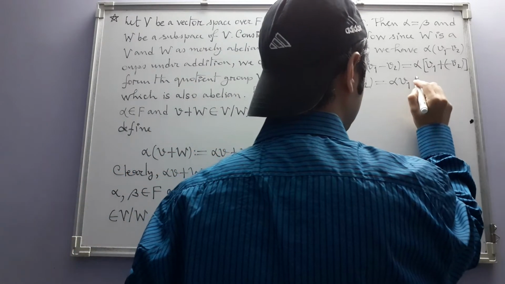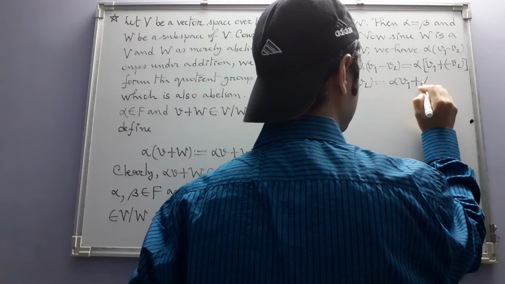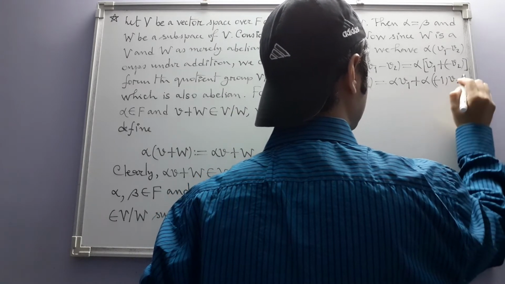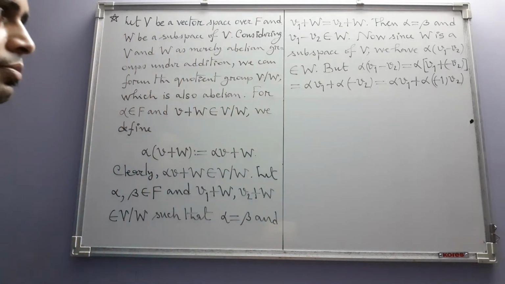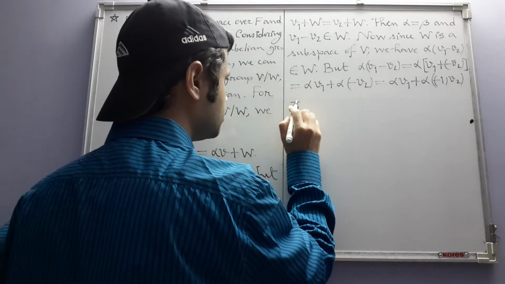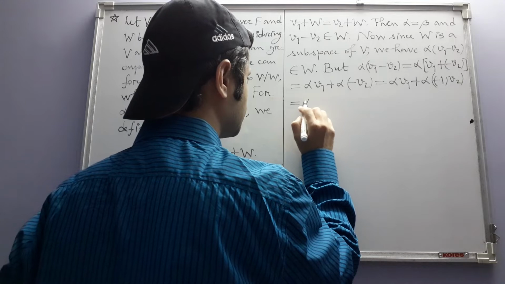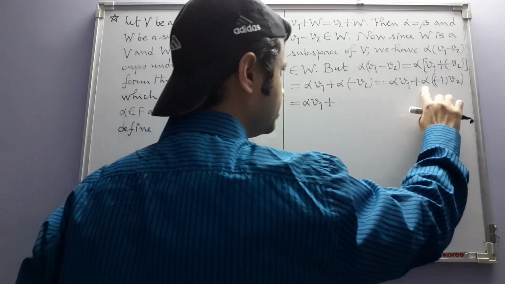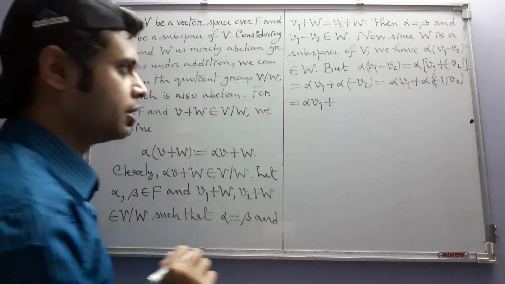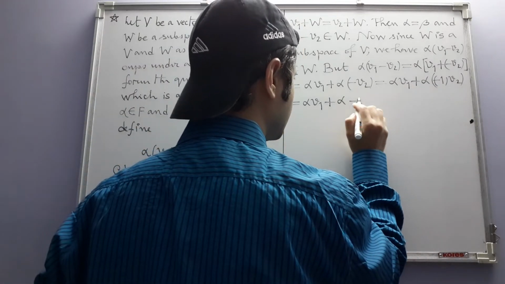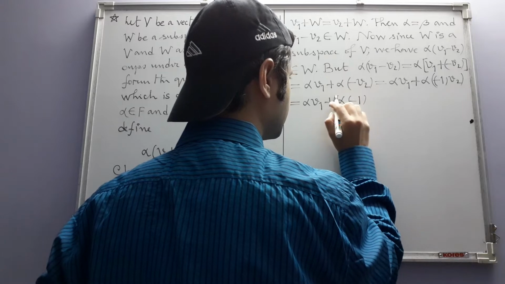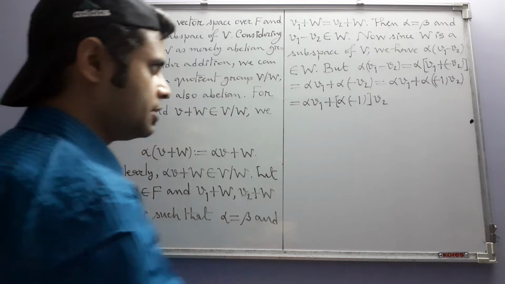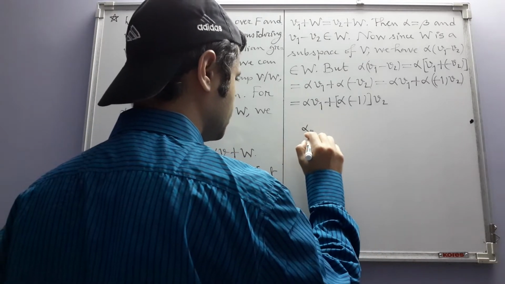Now this is where you use lemma 4.11. Lemma 4.11 says that minus v2 is minus 1 times v2. Again you use one of the four vector space axioms to bring these two field elements together, alpha times minus 1 times v2, which is just this thing.